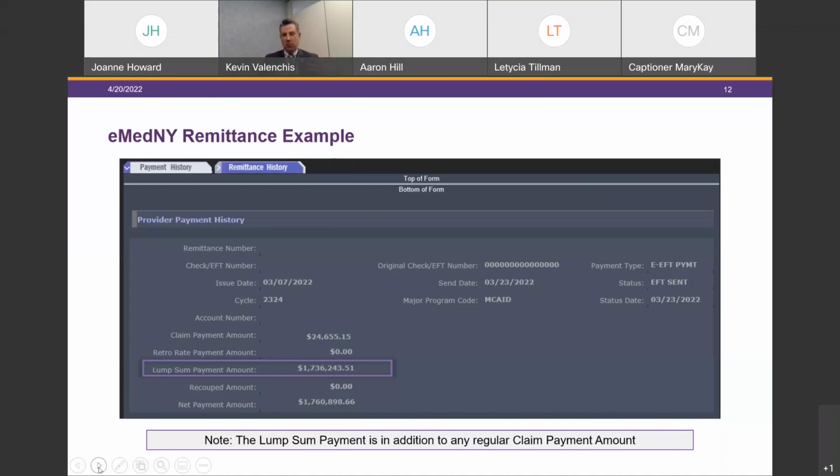We've seen examples where providers say, my average is $660,000, and you shorted me by about $3,000 in my ARPA payment because the rate sheet doesn't match. Well, you need to go back to the remittance and look at what really happened, because your average of $660 was less. What would have been posted to eMedNY and shown up in your remittance is what's in the rate sheet calculation.